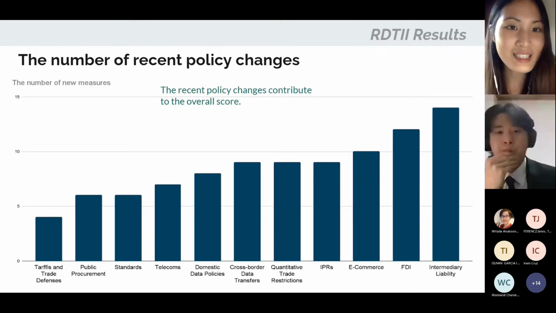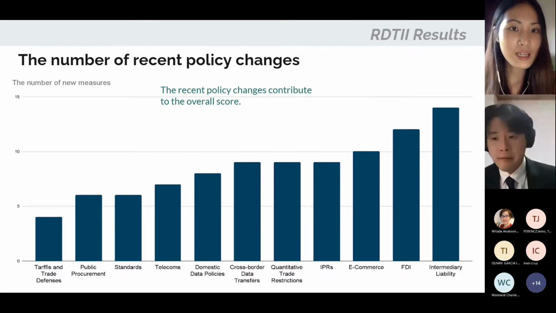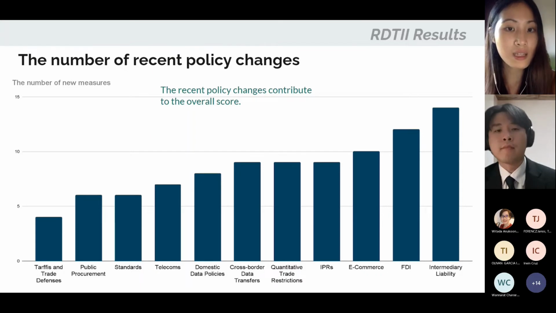In this second graph, it captures the number of economies that have undergone policy change since 2020. Together with the previous graph, it shows that economies tend to put more restrictions on new types of digital trade. For example, look at internet intermediaries and content access, Pillar 8.